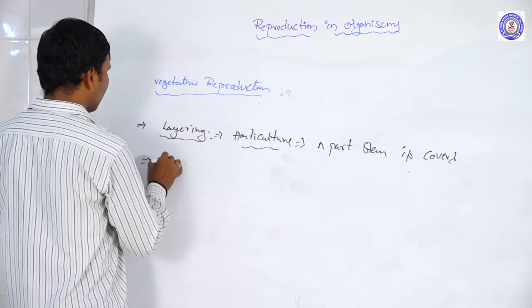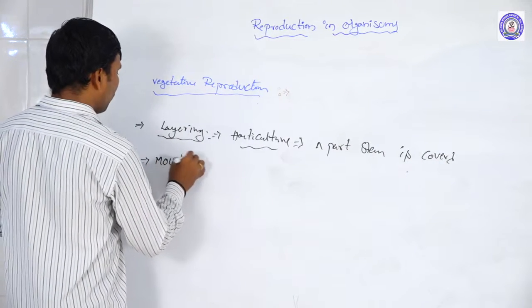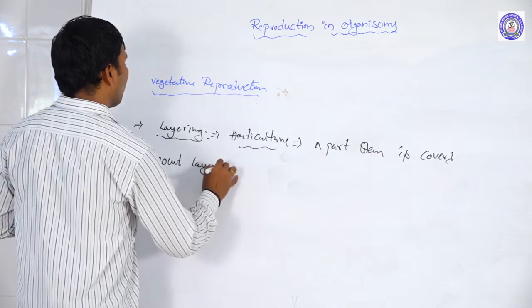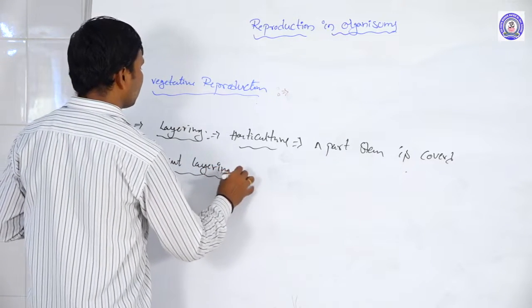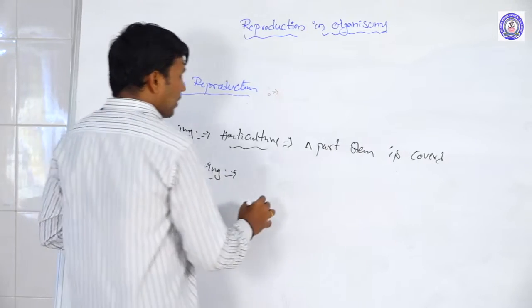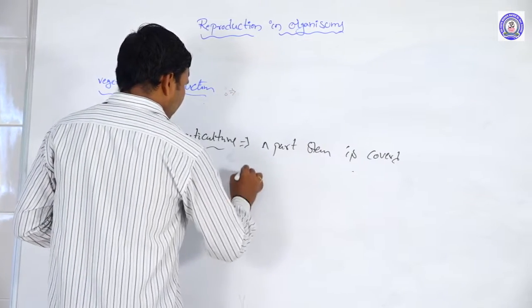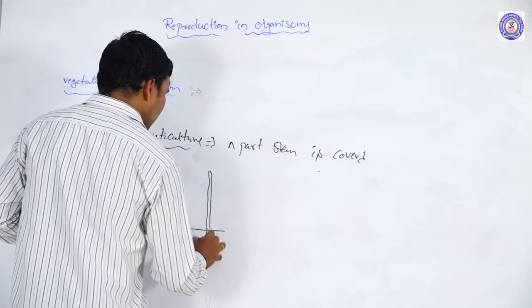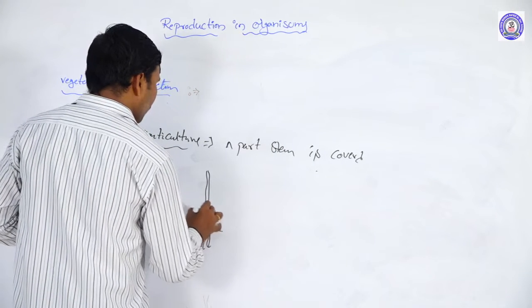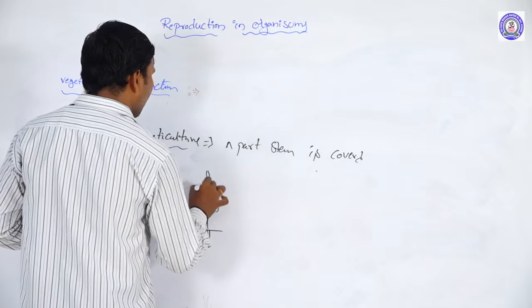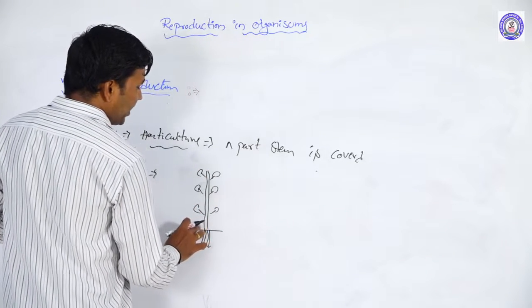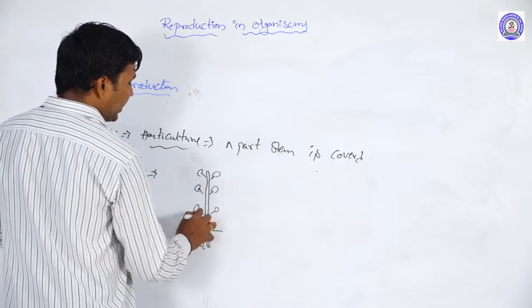First one is mound layering. Here, in some plants, to produce a larger number of plants from a single plant, we cut the main stem from the base of the plant up to a certain distance.